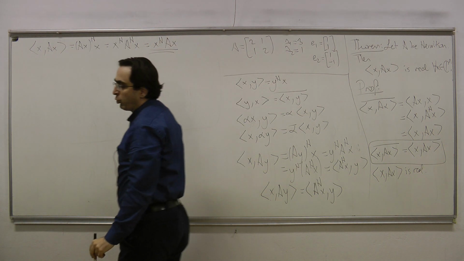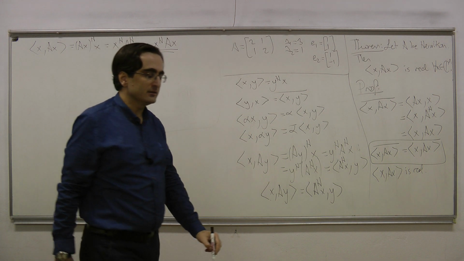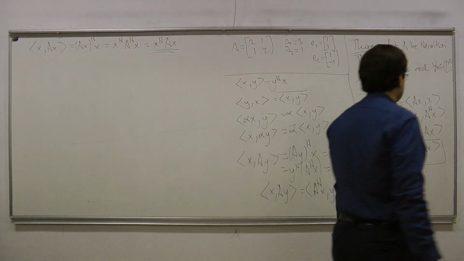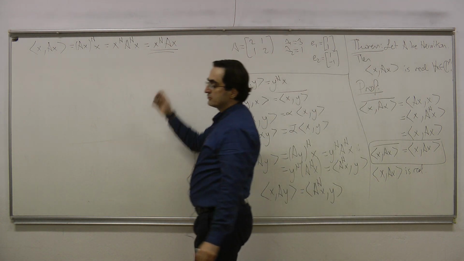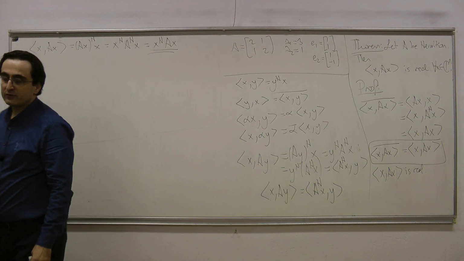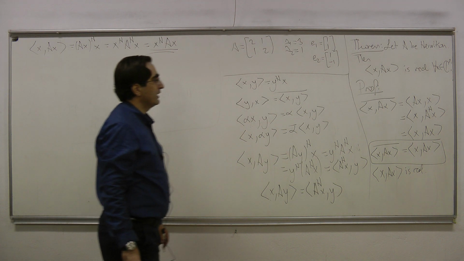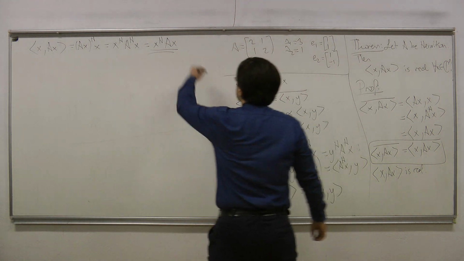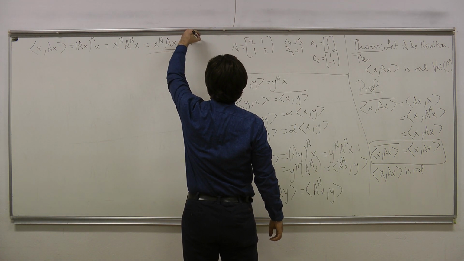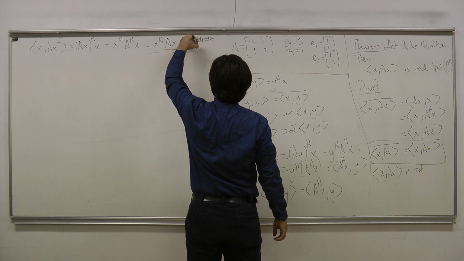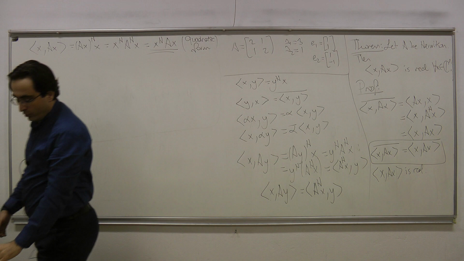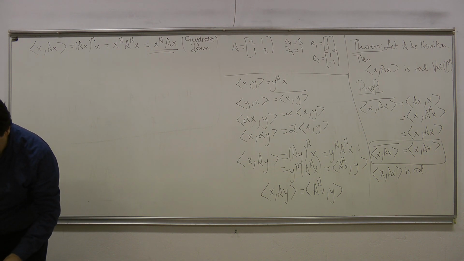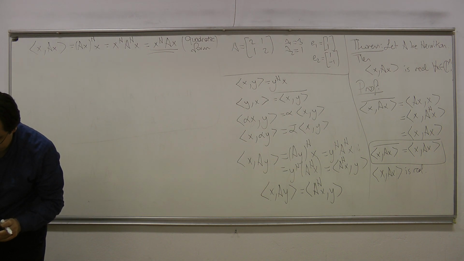This is called a quadratic form in mathematics. So if a matrix A is Hermitian, then this quadratic form is always a real quantity.